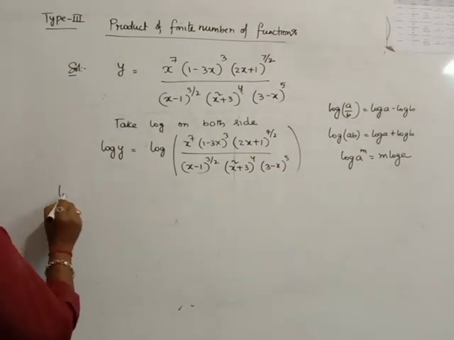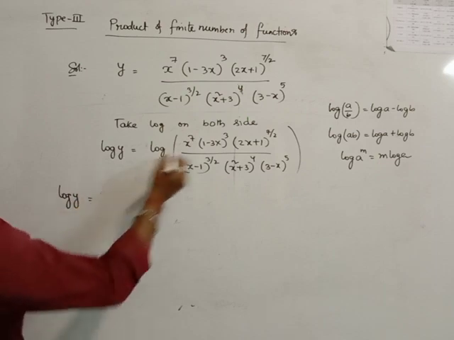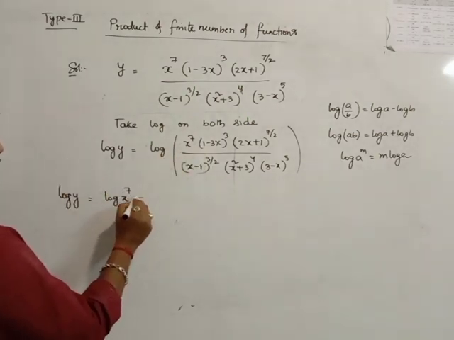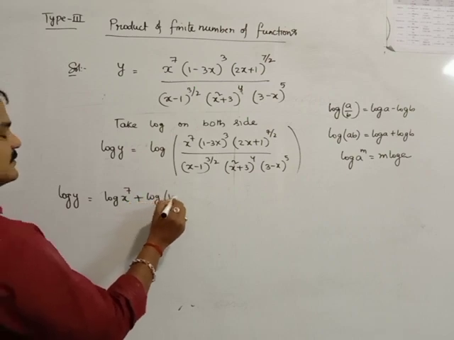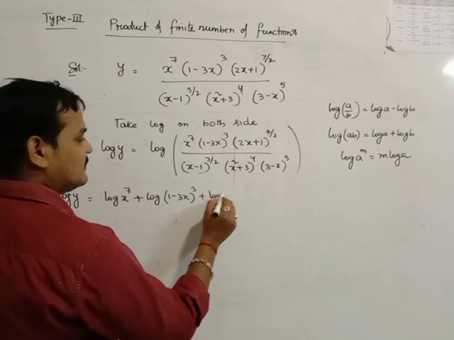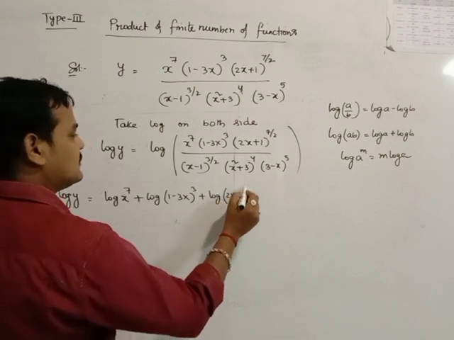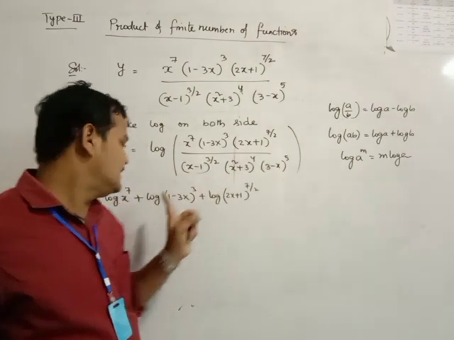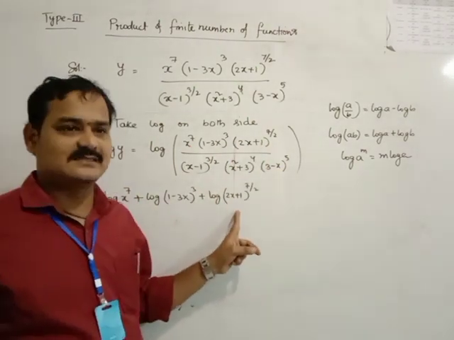How can you write it? Log y is equal to, first of all, log of x to the power of 7 plus log of (1 minus 3x) whole cube plus log of (2x plus 1) to the power of 7 by 2, because log of abc is log a plus log b plus log c.